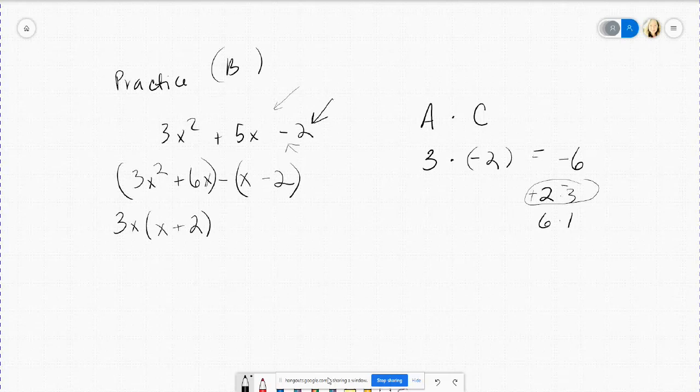Right. And this is where you have to be careful, because here, this is going to be a negative x plus 2. So when you factor this one, you're going to be factoring out that negative 1, I mean.